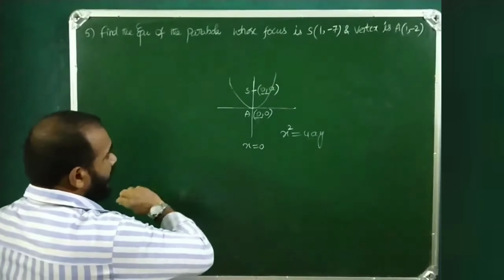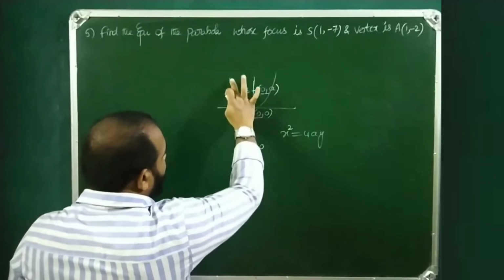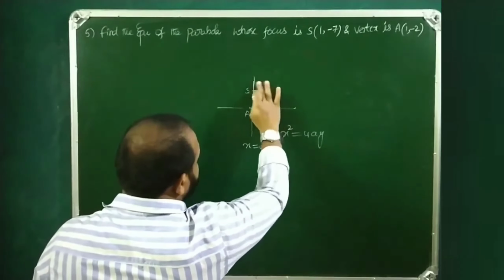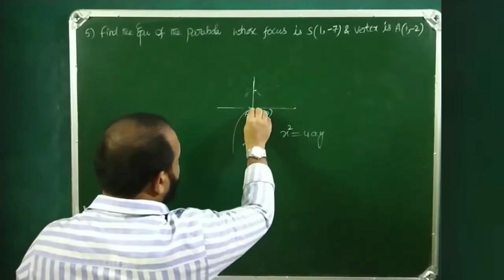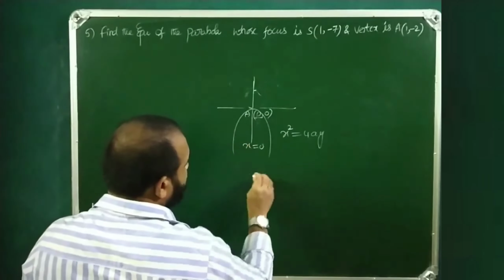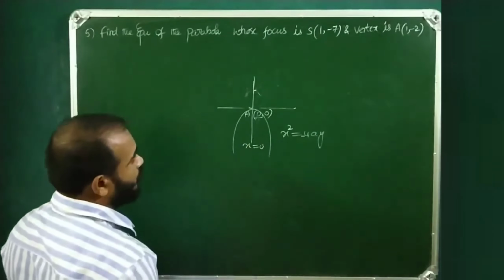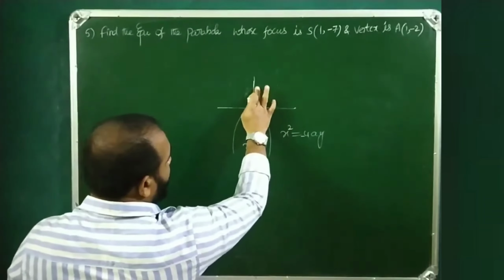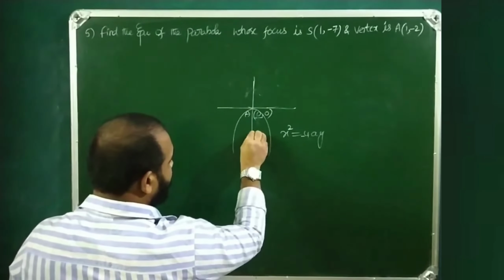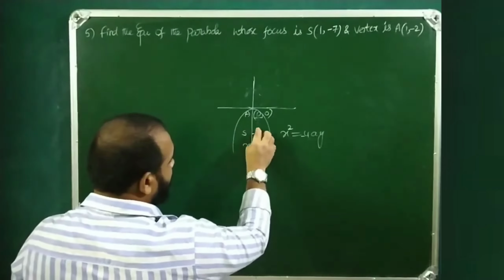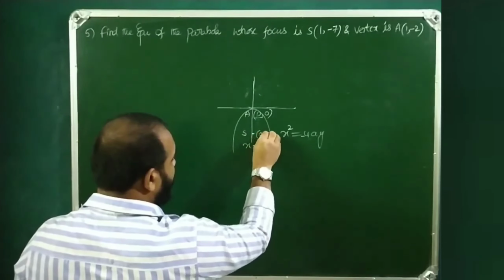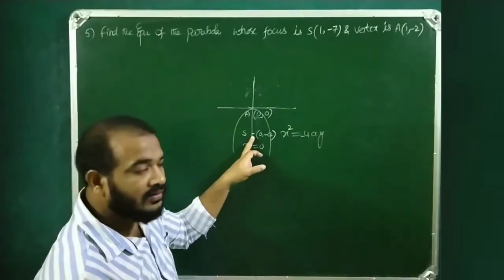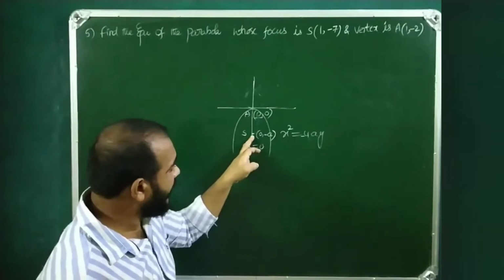Now the same thing, if the parabola is downward parabola, then x square equals to minus 4ay and the vertex is still 0, 0 and the focus is here. This is our S and here this is 0, comma minus a, because this point is lying on the negative y-axis.